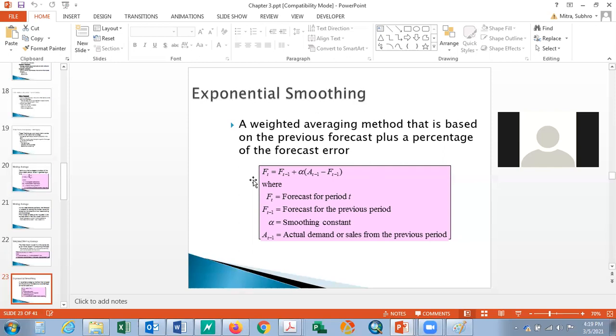The forecast for Saturday is the forecast for Friday plus alpha times the error for Friday. T is the time period, and T minus 1 is the time period one step before that. So this is an important technique of forecasting, exponential smoothing.